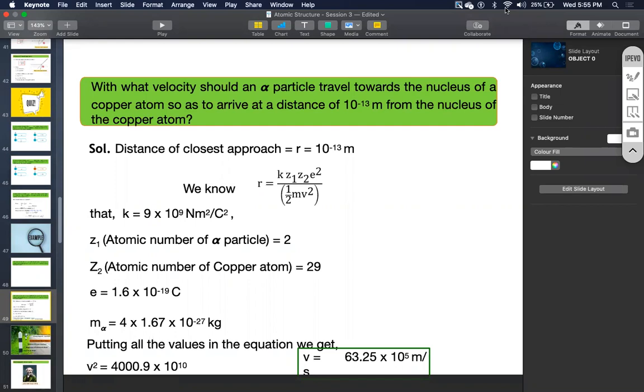Electron charge is 1.6 into 10 power minus 19 coulomb. Mass of the alpha particle will be 4 times 1.6 into 10 power minus 27. Put in every value and you will get the answer.